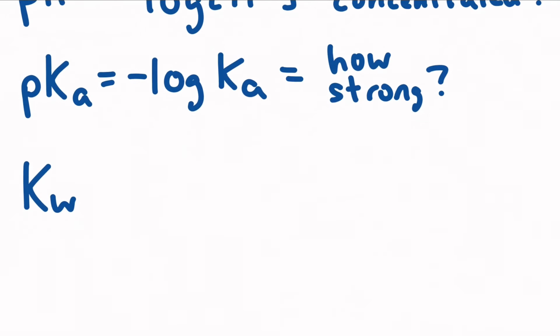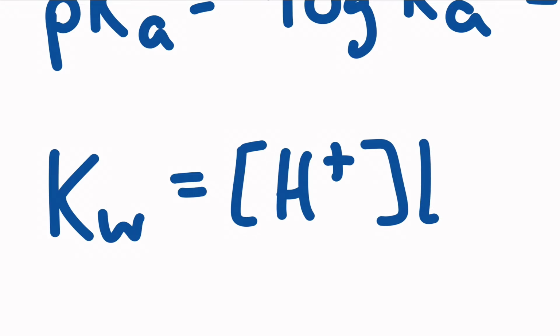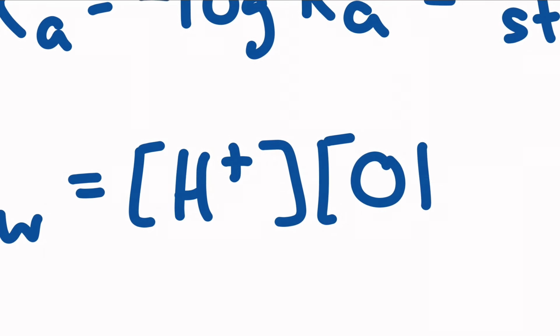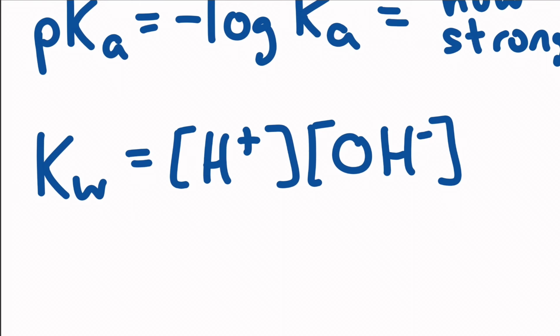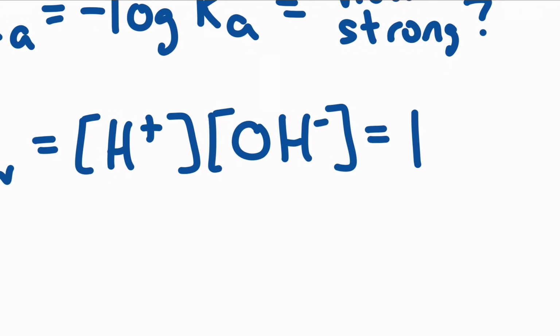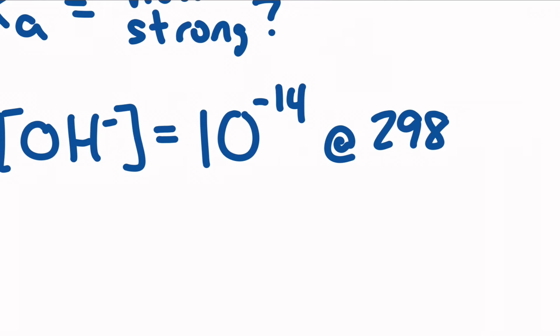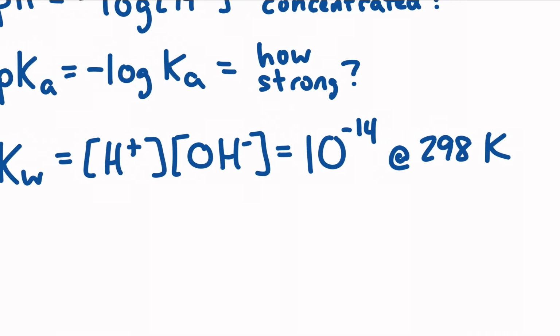Now there's a specific K value called Kw. This specifically goes for water, and it's equal to the product of the H plus concentration and the OH minus concentration. And at 298 Kelvin, it's always equal to 10 to the negative 14. And we use this a lot to take one concentration and turn it into the other.